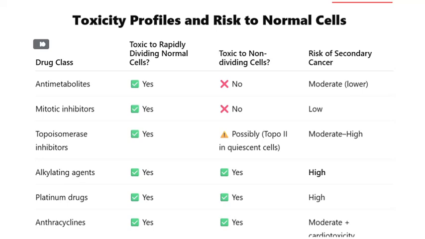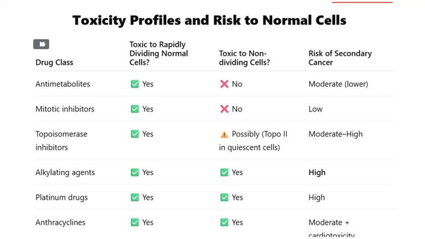Then we have the anthracyclines, such as doxorubicin, which are cell cycle nonspecific. They intercalate themselves into the DNA, inhibit topoisomerase 2, and also promote free radical formation.